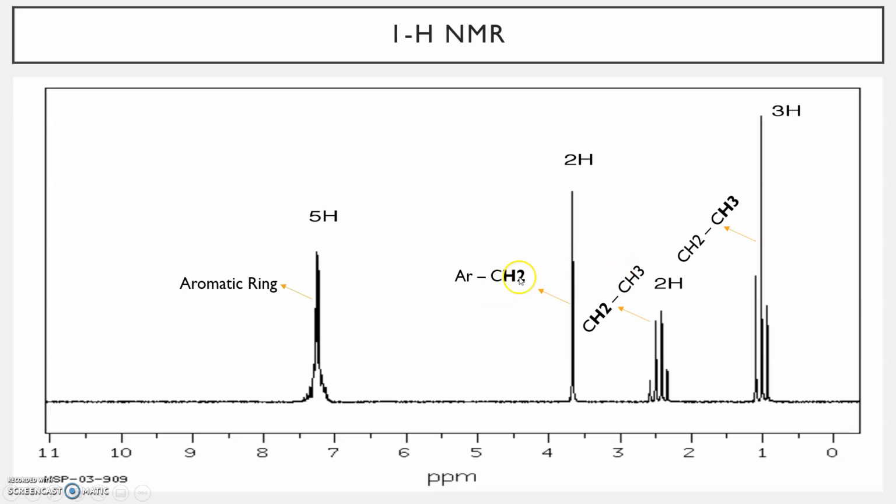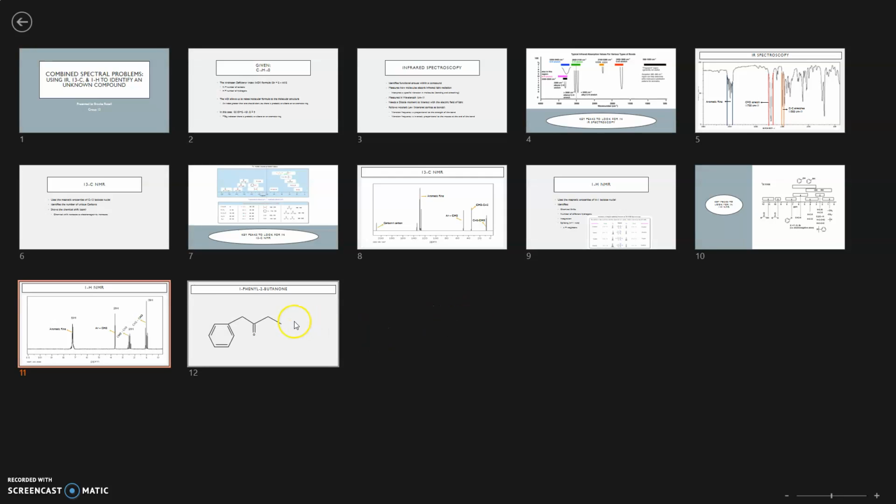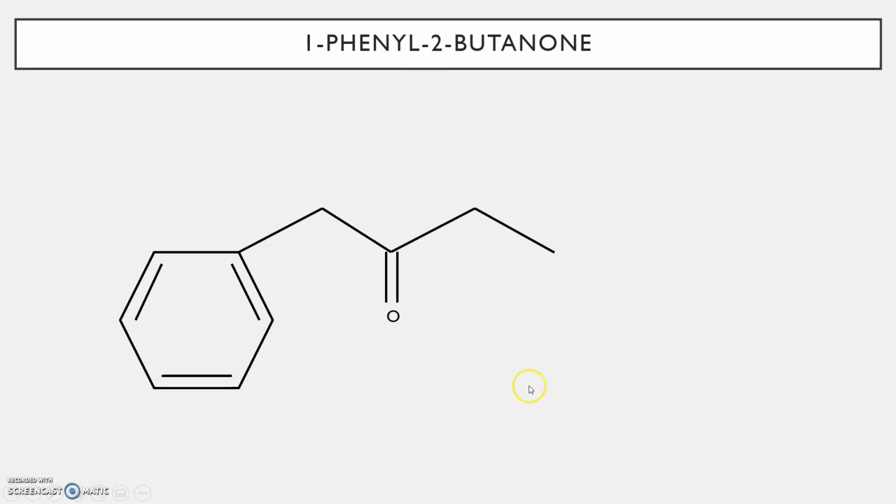So therefore, this carbon's probably connected to the carbonyl carbon, which is a ketone that has no hydrogens involved, and an aromatic ring, which is connected to the carbon specifically that has no hydrogens connected to it. Therefore, with all the information that I got, this is the compound that I believe that I had, which is 1-phenyl-2-butanone.